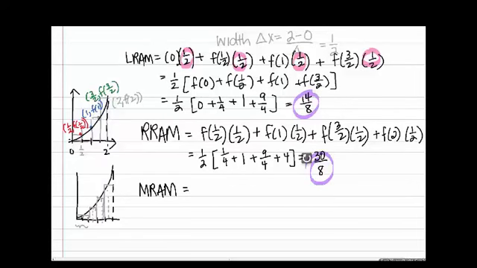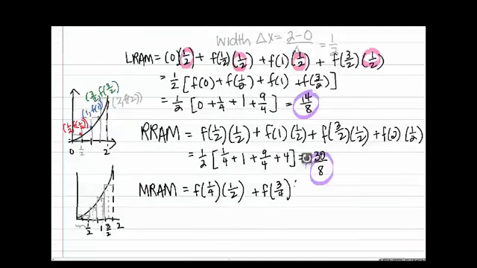This first one is going to be in between 0 and 1/2, so that means f of 1/4 times the width, which is 1/2. Remember, the width is always the same. Then on our next one, it's going to be in between 1/2 and 1, so that's f of 3/4 times our width 1/2. And then our next one, between 1 and 3/2, so that's f of 5/4 times its width.